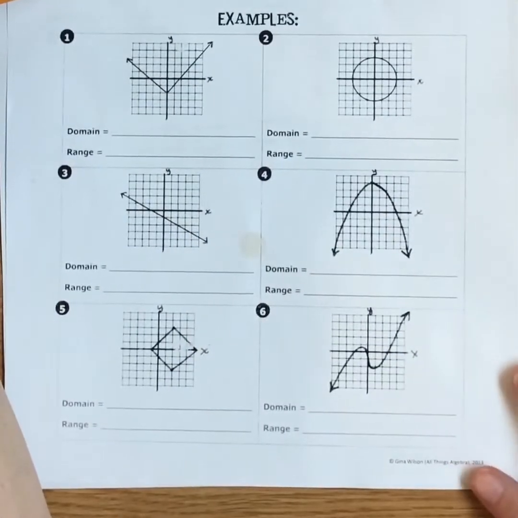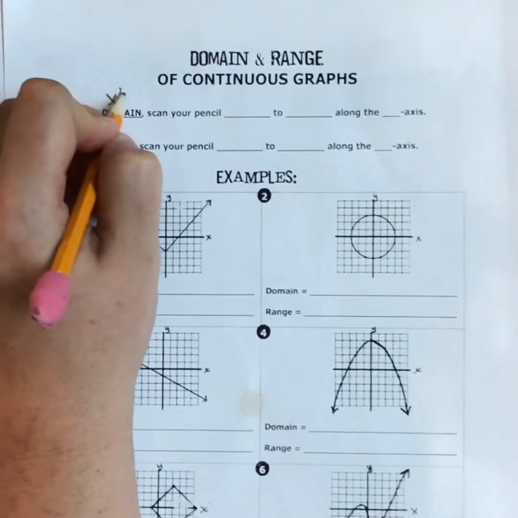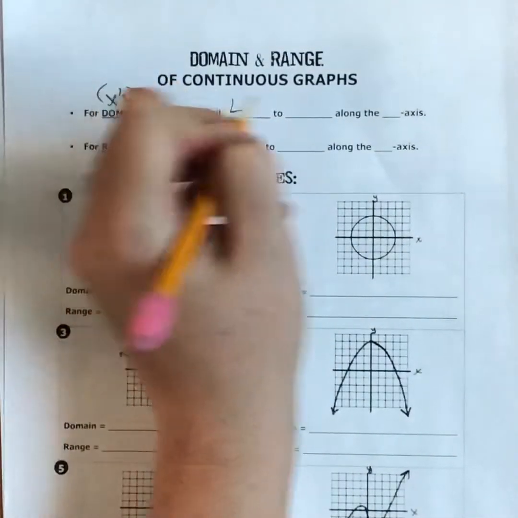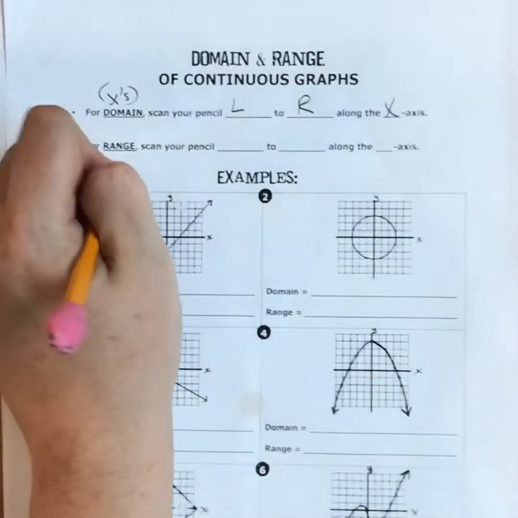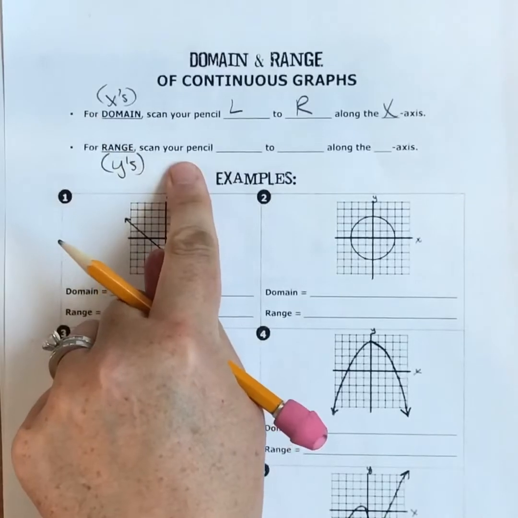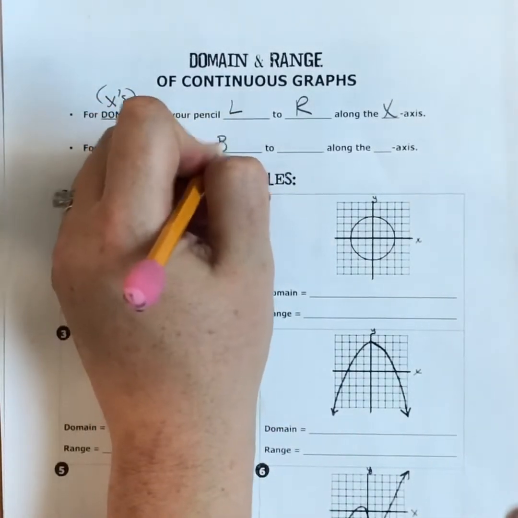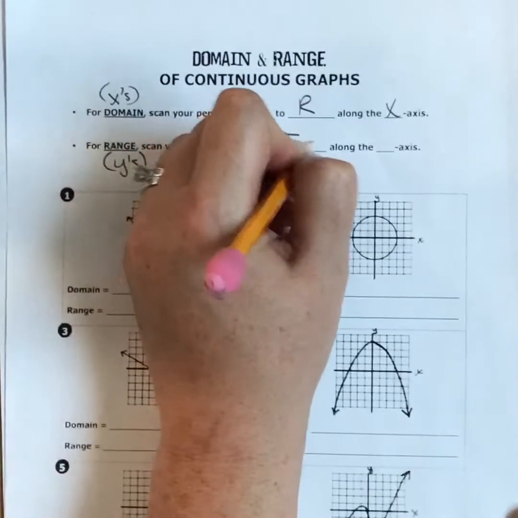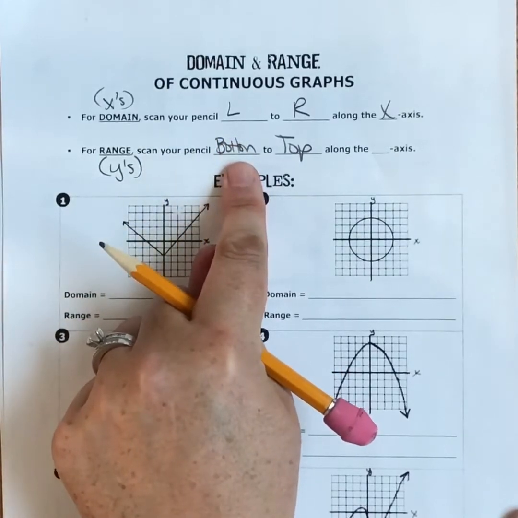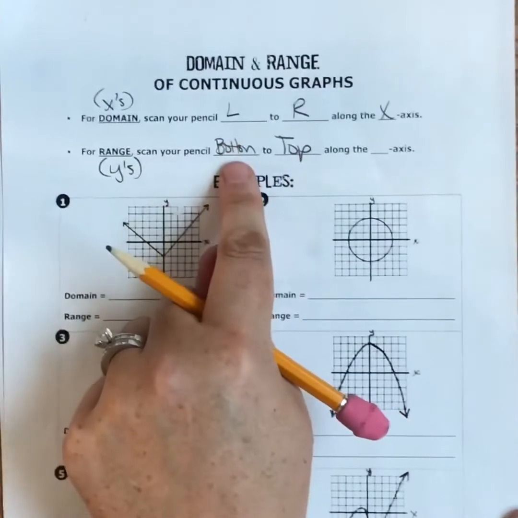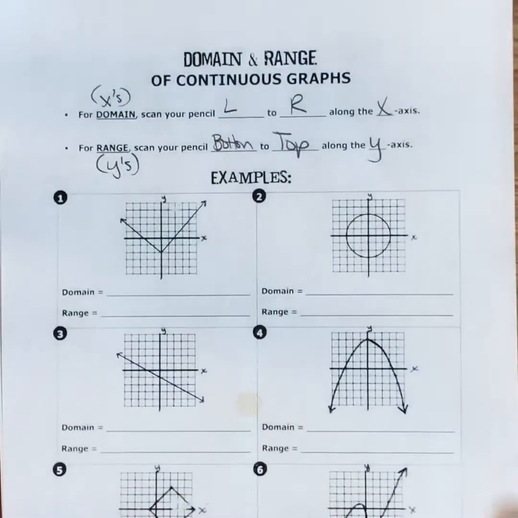So on this sheet it says for domain, scan your pencil, and again remember domain are the x's, scan your pencil from left to right along the x-axis, because that's the x's. Now the range are the y's, so we know y's go up and down, but I just say from the bottom to the top, because we always want to go in increasing order, and we know y's are negative at the bottom and positive at the top, and negatives are always less than the positives, and we do it along the y-axis.